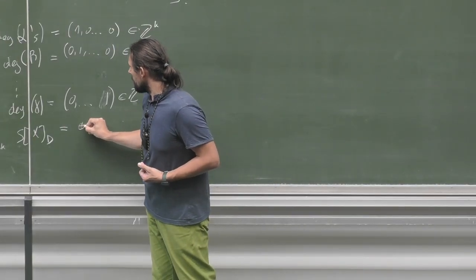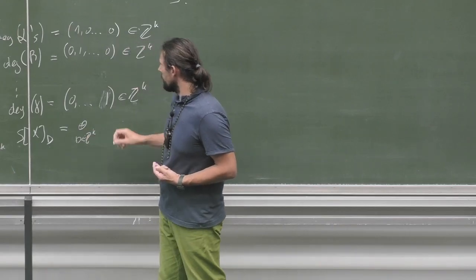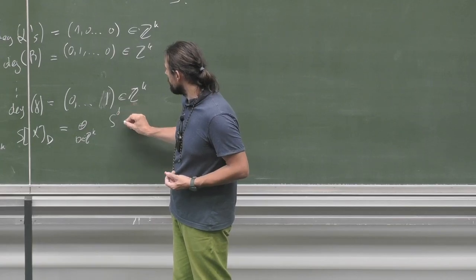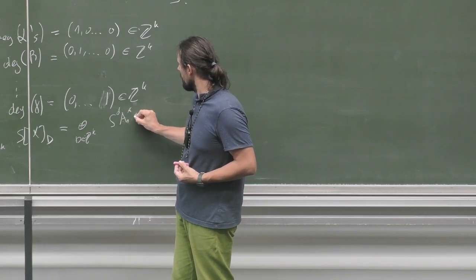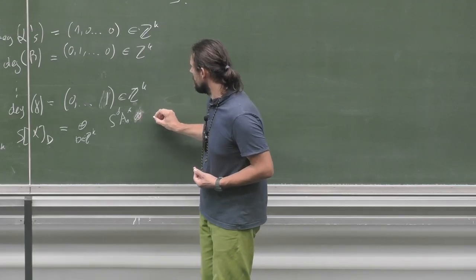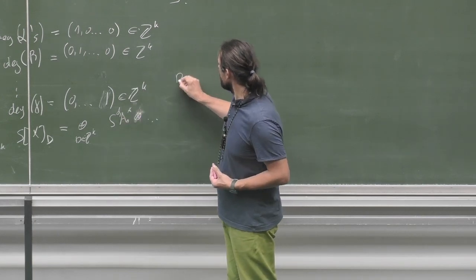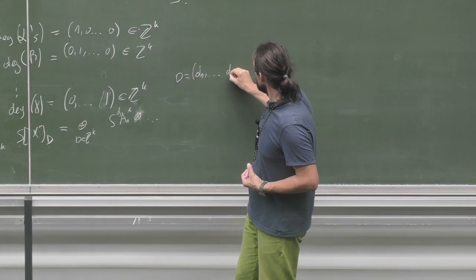And this corresponds, again, to this direct sum of the following symmetric product, where d is equal to (d_1, ..., d_k).